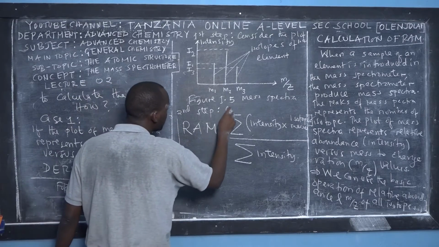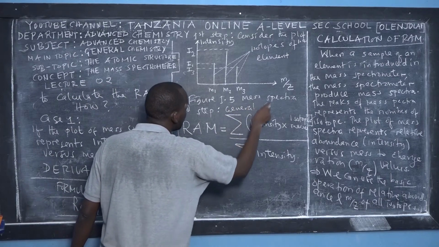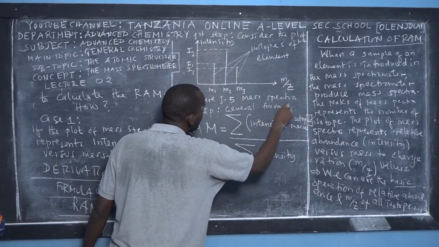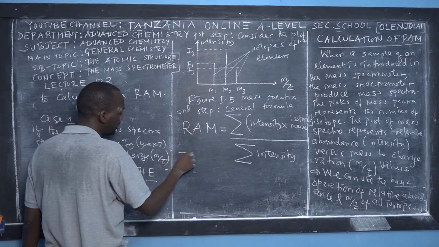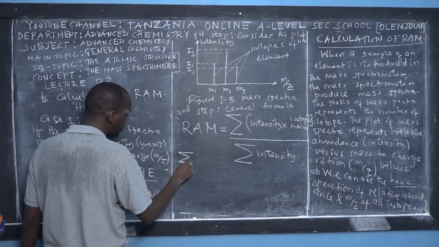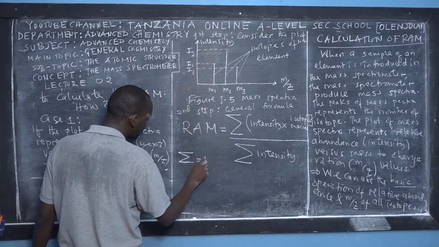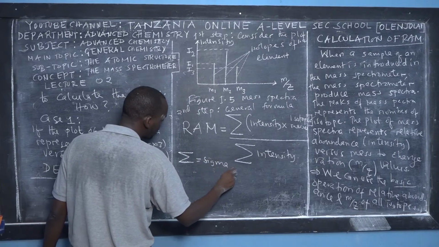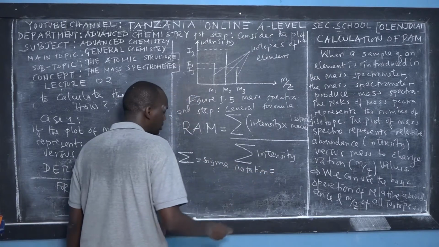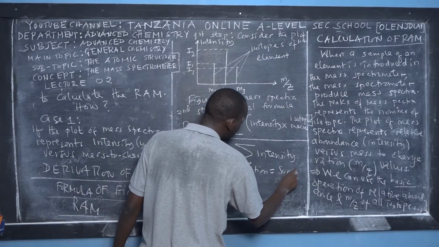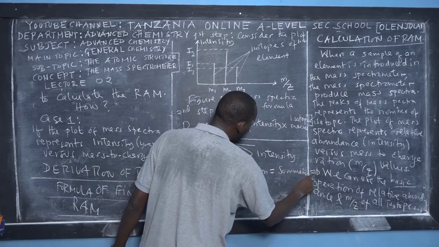So second step, we say the general formula. In this general formula, in mathematics you call it sigma notation, which means summation. Sorry, it is the symbol for summation.